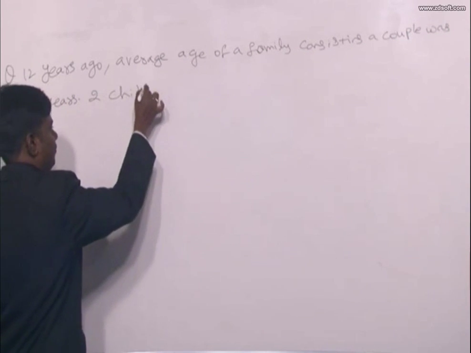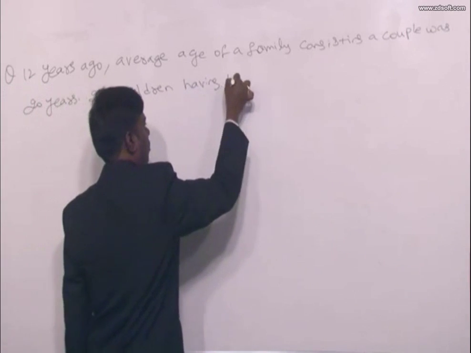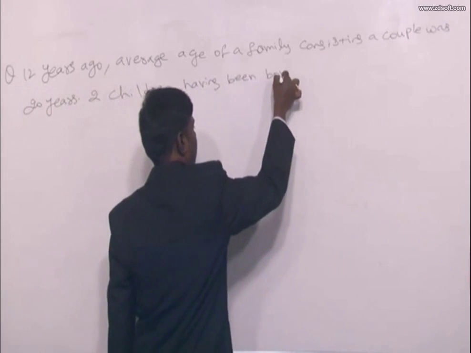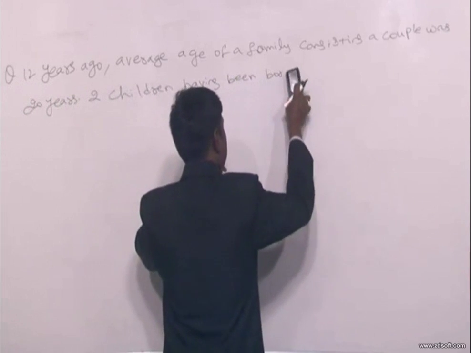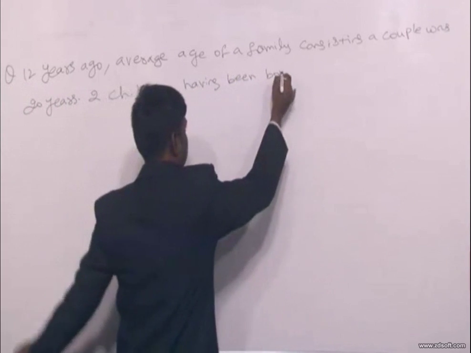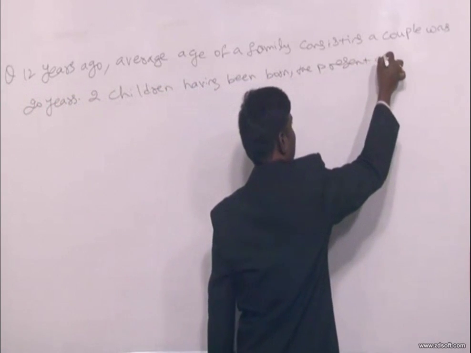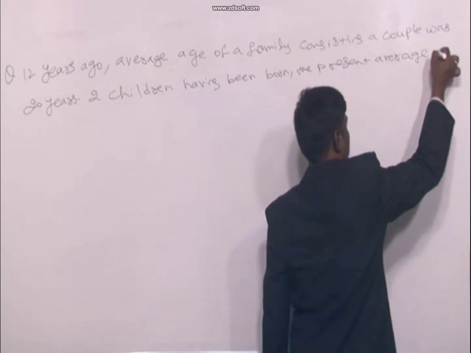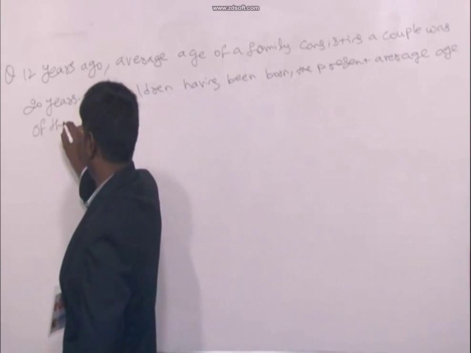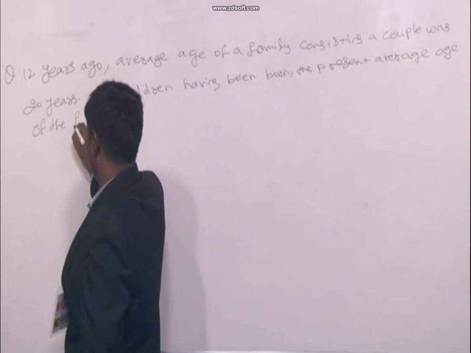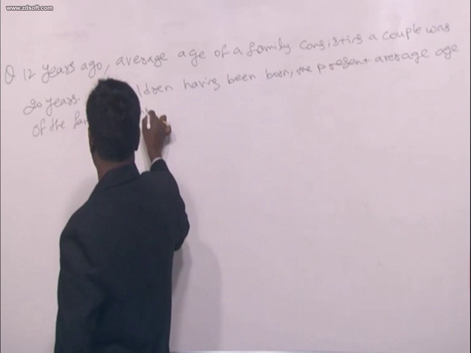Two children having been born, the present average age of the family remains the same.